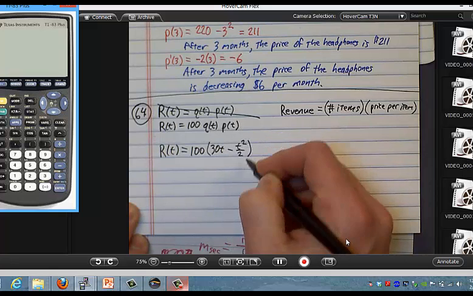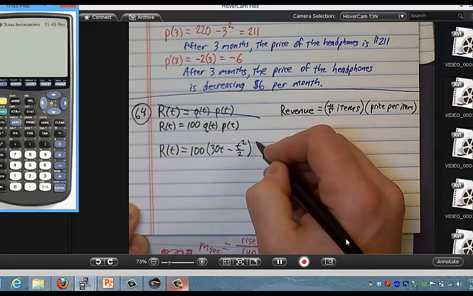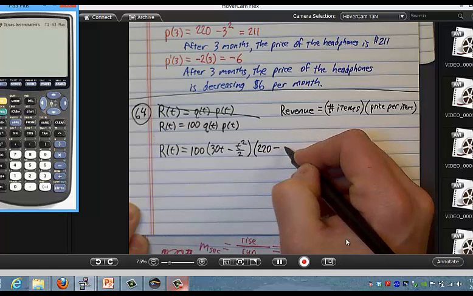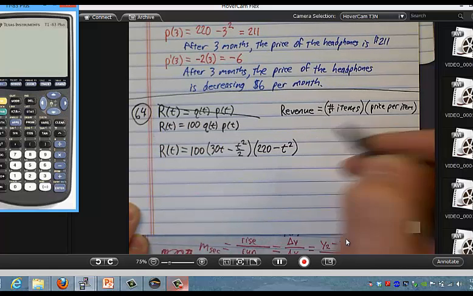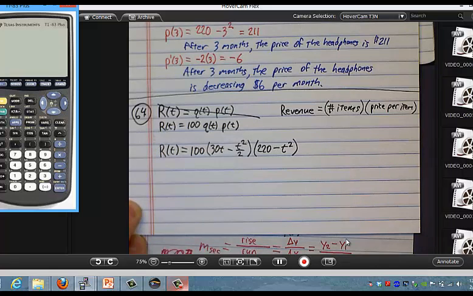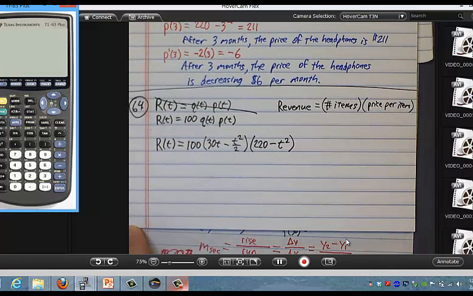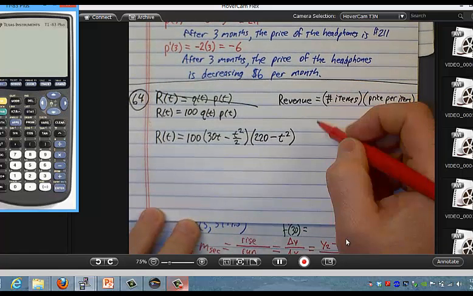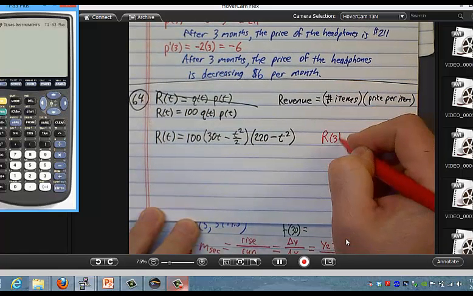And then P of T, 220 minus T squared. Guys with me? So now, it says to compute R of 3 and interpret. Well, I could let you guys work on that.